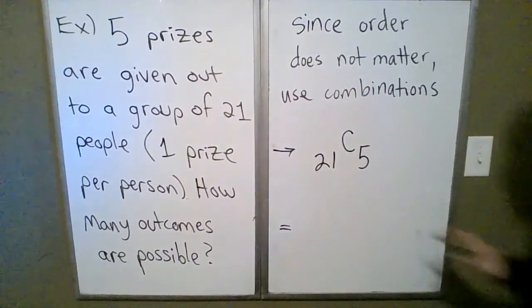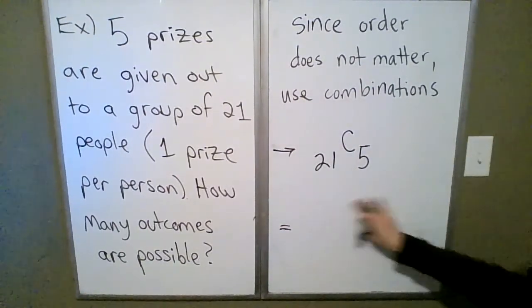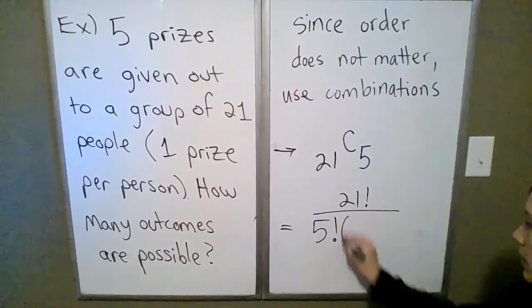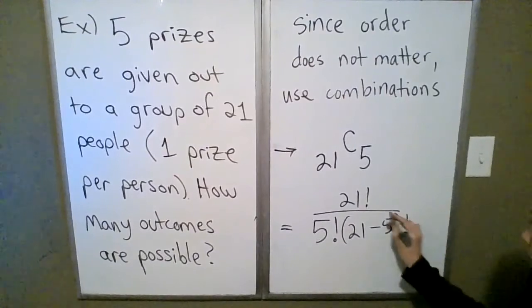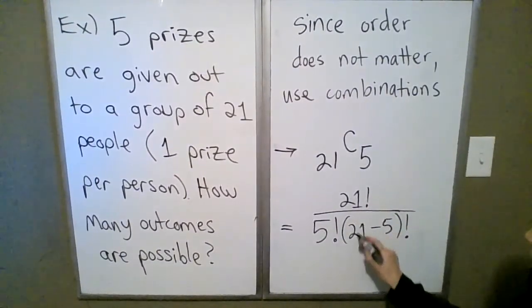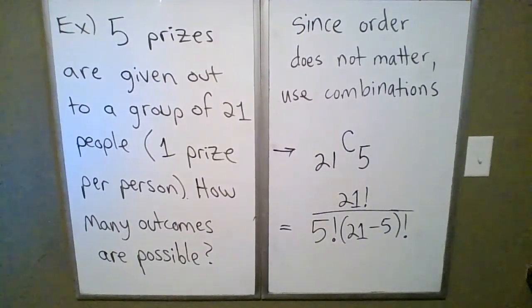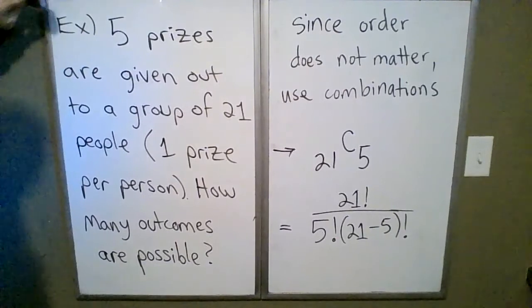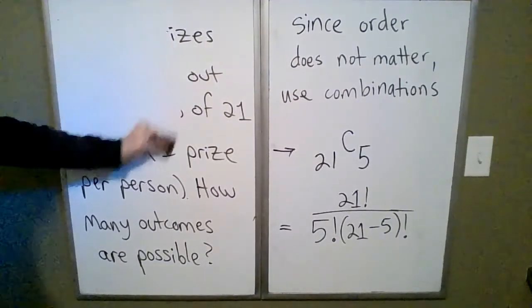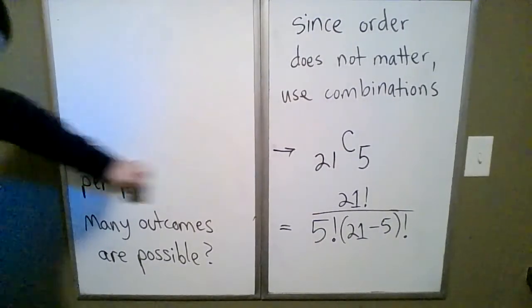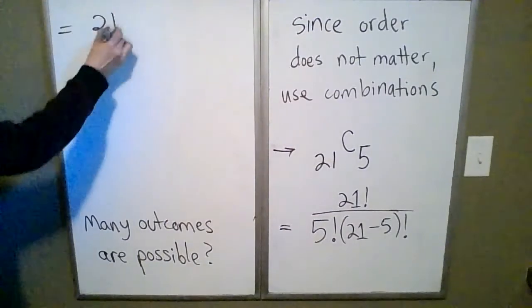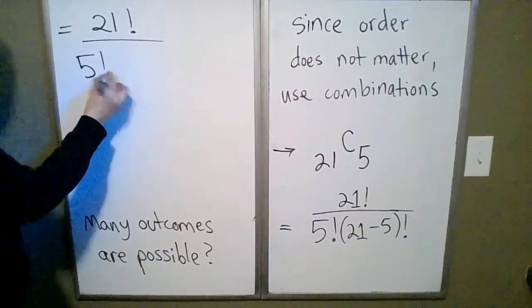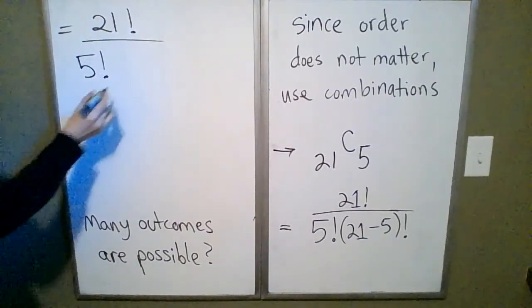This would be 21 factorial divided by 5 factorial multiplied by 21 minus 5 factorial. 21 factorial over 5 factorial, 16.